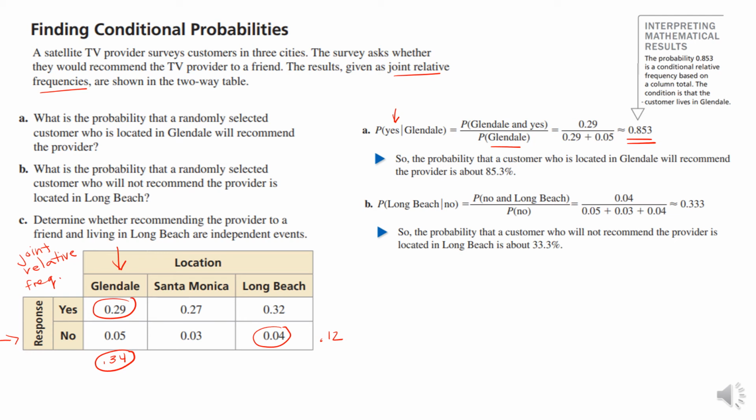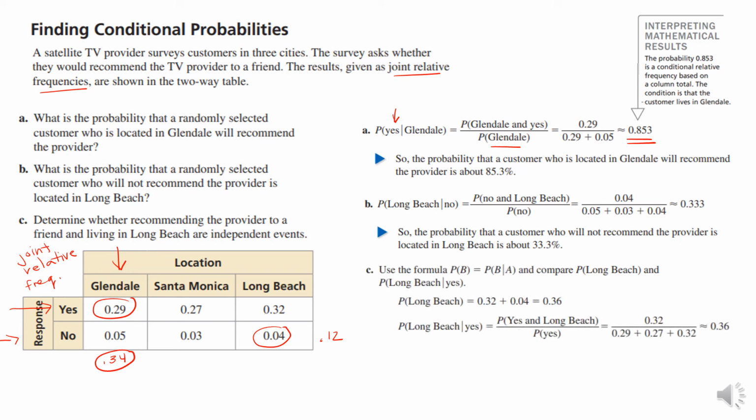Okay, determine whether recommending the provider to a friend, so recommending is yes, and living in Long Beach are independent. So this is where we're going to look at living in Long Beach. You want to do both, and see if they have the same probability. Look at this one carefully and research it. Use the formula P(B) equals P(B given A) and compare the probability of Long Beach and P(Long Beach given yes).